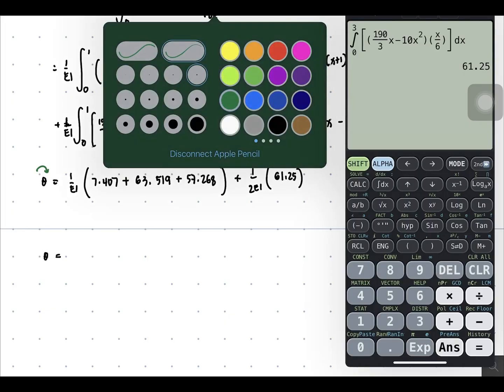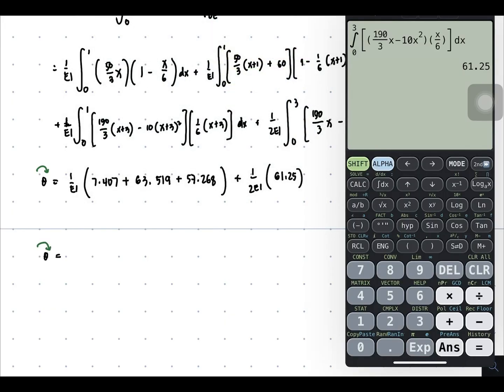So with the slope and the direction clockwise, it's going to be 7.407 plus 63.519 plus 57.268 plus 1/2 of 61.25.